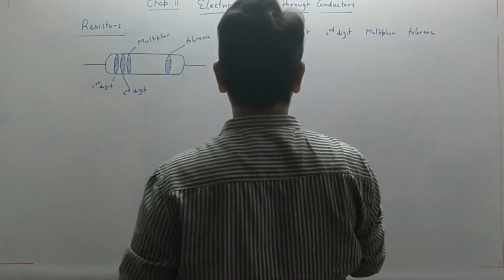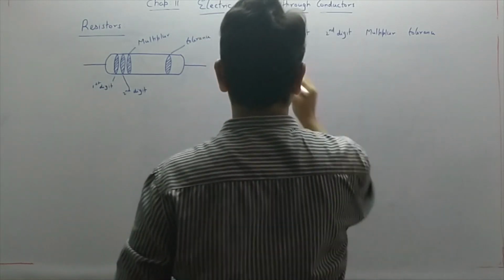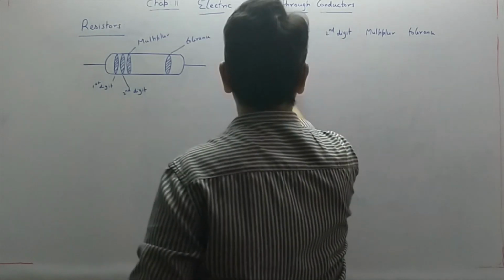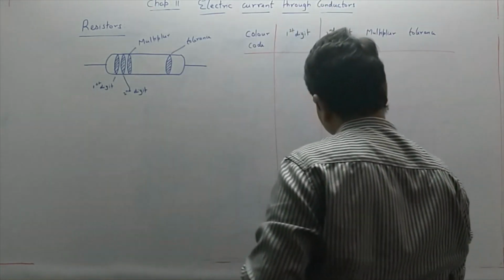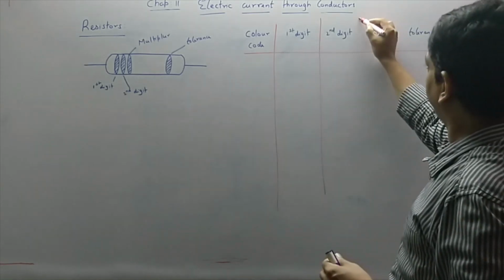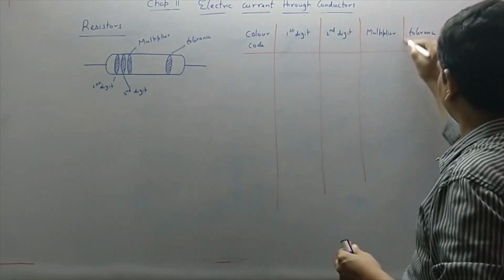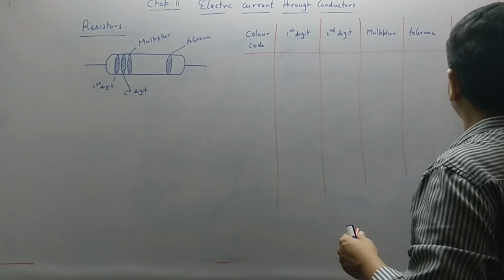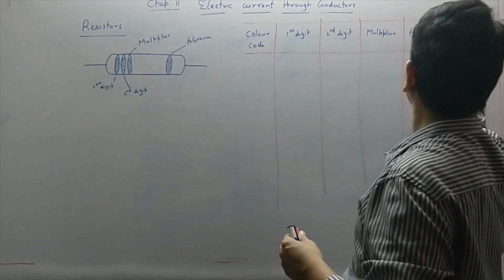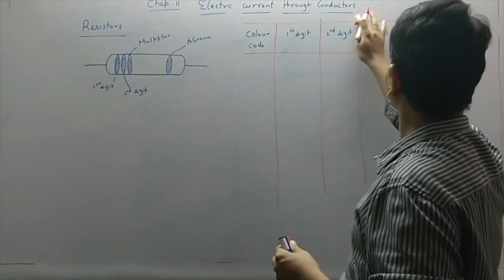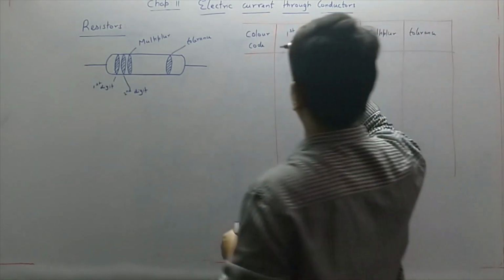We will solve this. So here how will we remember? I will give one hint just to remember this color code in a sequence. So how can we remember the coding of this color code?